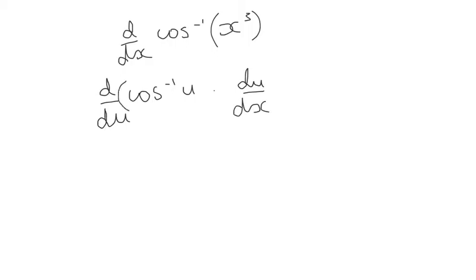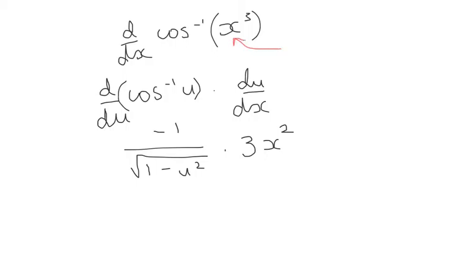So the derivative of your inverse function was negative 1 over the square root of 1 subtract u squared. And we've already worked out du dx, the derivative of the inner function, which was 3x squared.